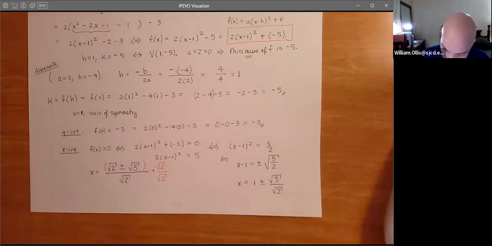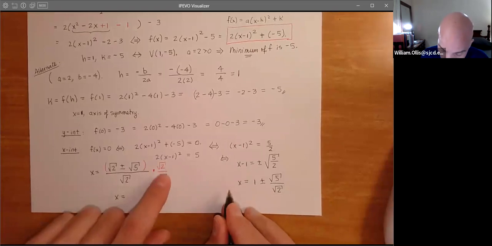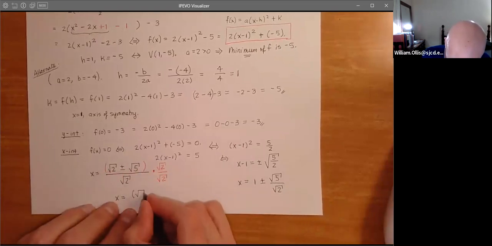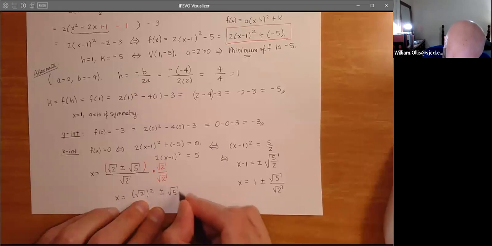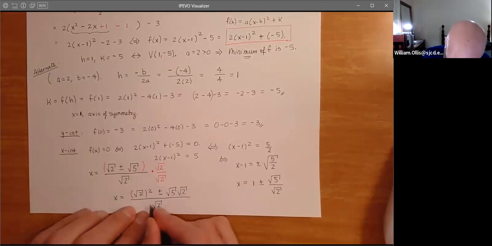this gives you that. So now we have x equals, and we'll do the distributive law: square root of 2 times square root of 2, I'll do all the steps, plus or minus square root 5 times square root 2. And then, of course, we'll have square root 2 times itself downstairs.